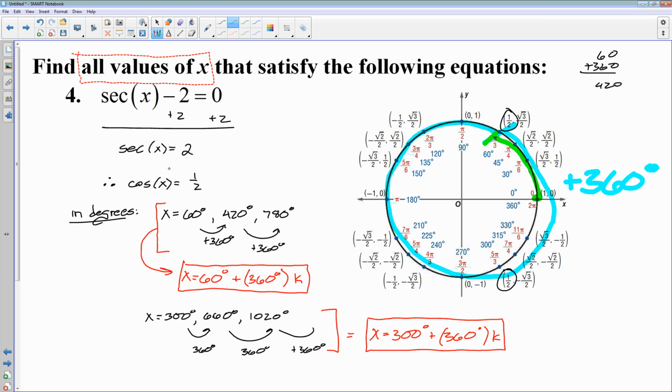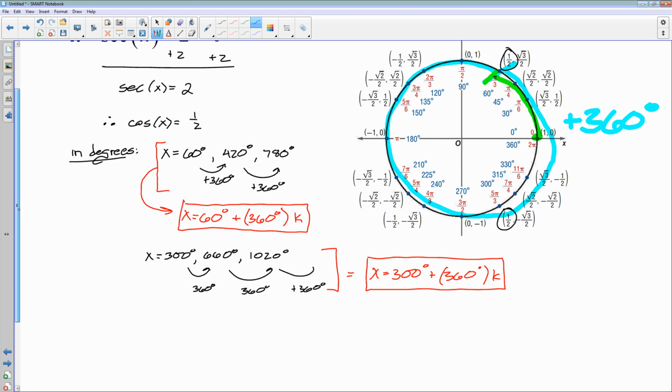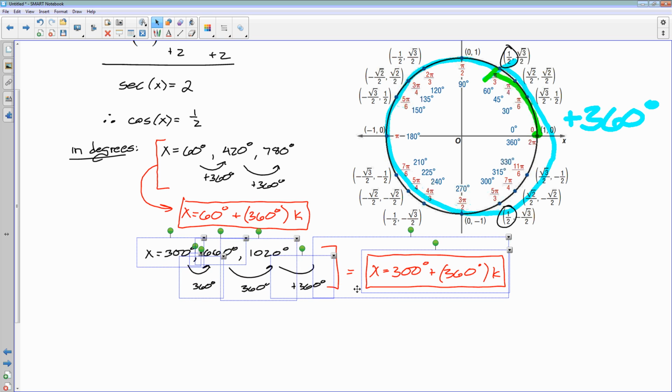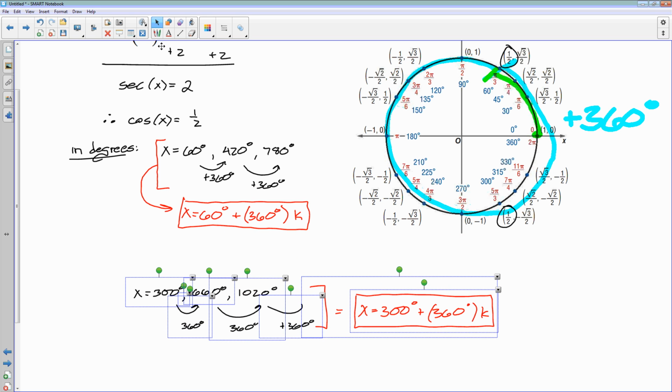I generally answer in radians, so if I wanted to do this in radians, let me move this down a little bit. It's the same concept except we just use the radian angle measures instead of the degrees.